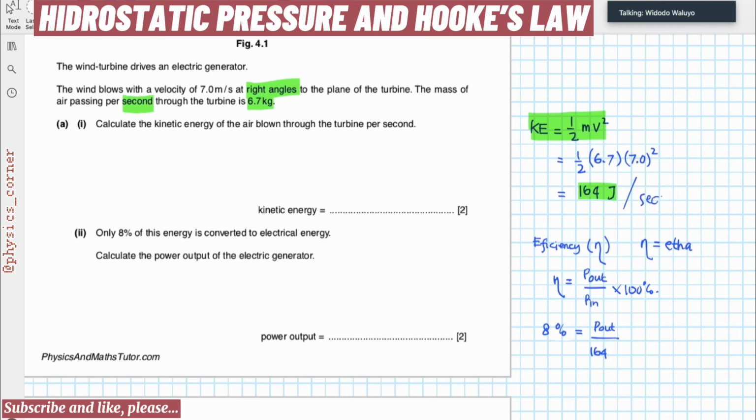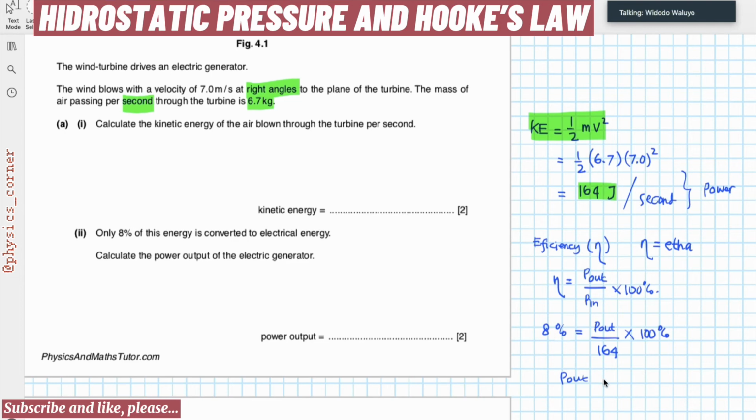Per second means it is the power. This is something with power too. So we can use this 164 watt, or we don't need to put the unit. Kita nggak usah masukkan unit saja. So 80% is P output divided by 164, times 100%. Okay, so we can cancel this.